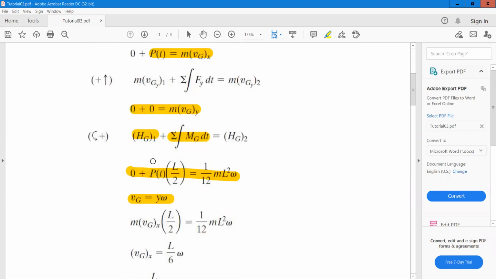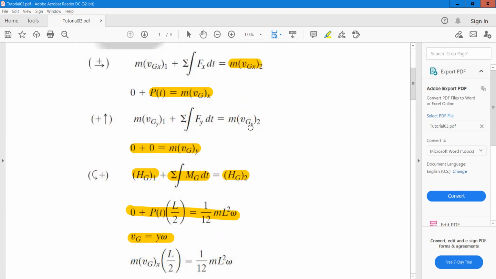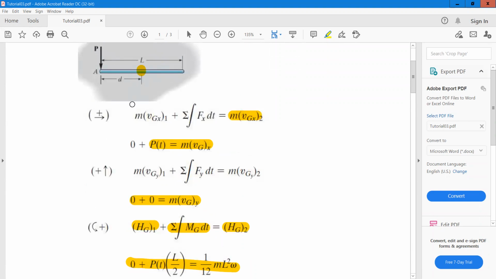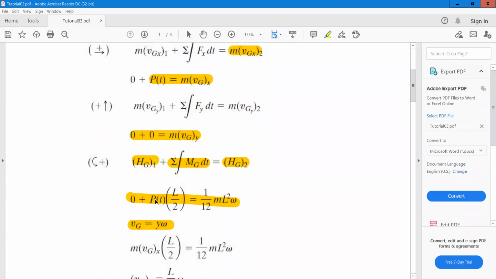So it's equal to P times L divided by 2 times t, which t is again the time. It's equal to the final angular momentum, and the final angular momentum is the mass moment of inertia about the mass center times omega. So this is the third equation, a relation between P, t, and omega.